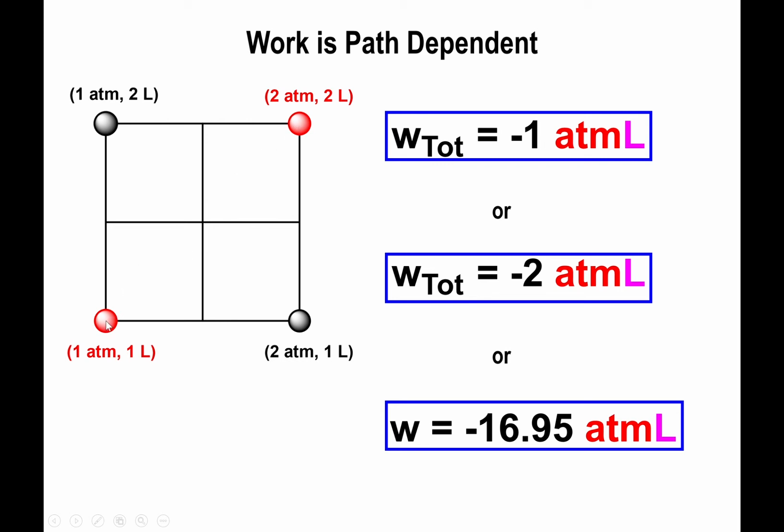You could go first in this pathway in which you increase the volume first, but you keep the pressure constant, and then you change the pressure. Or conversely, you could first change the pressure and then change the volume. Or alternatively, you could do both at the same time and go directly to the endpoint. And depending on how you choose your path of attack to get to the final point from the initial actually dictates what the value of the work is going to be. And it does change depending upon what path you take.